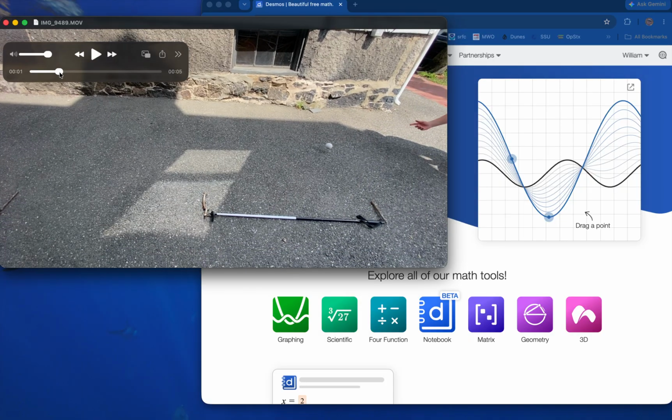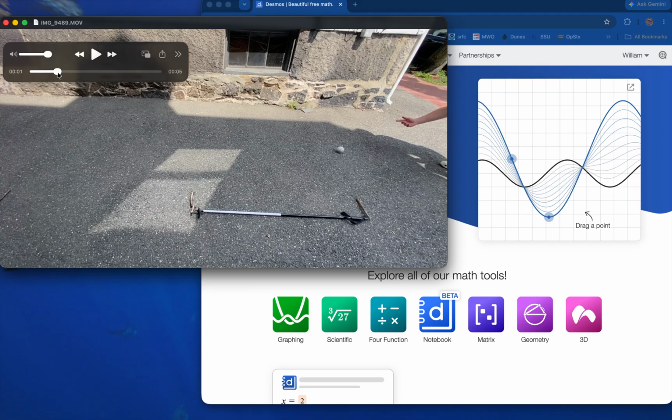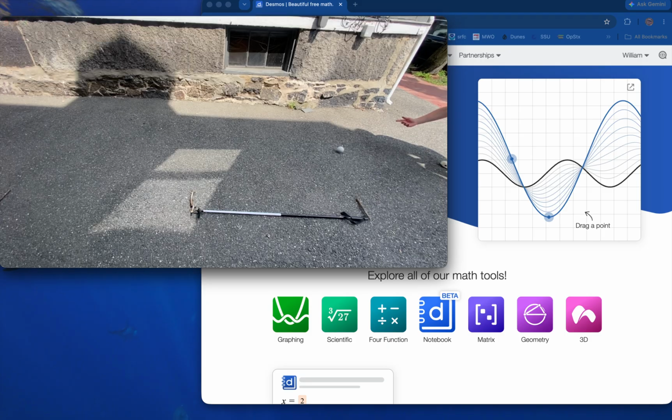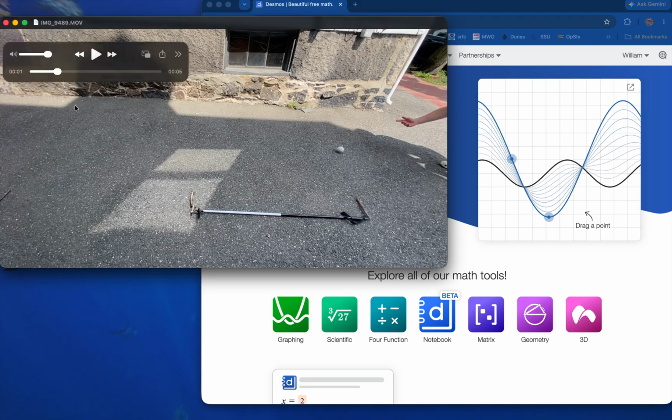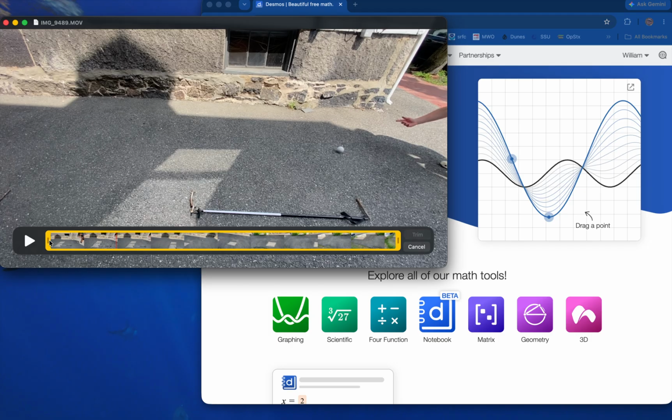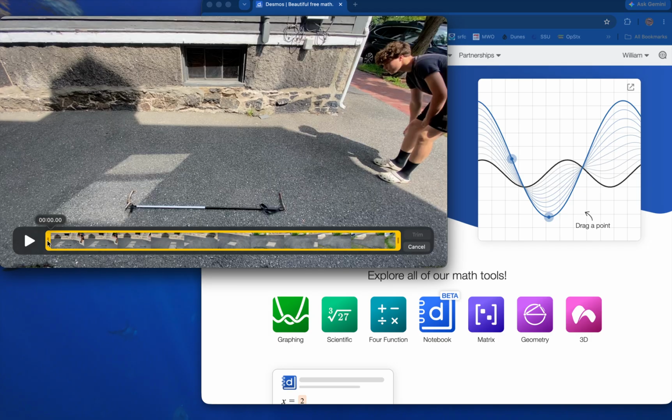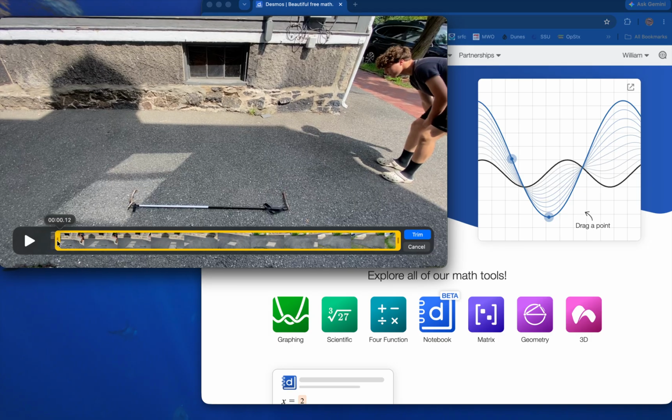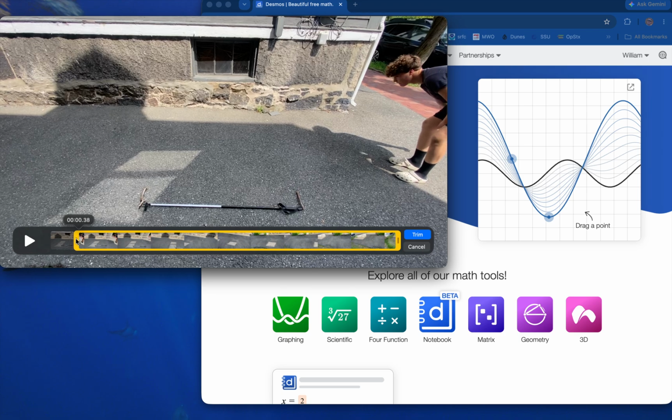So here's a complication: it doesn't start at 0. It starts somewhere around the 1 second mark. Now, I can go to Edit, Trim, or Command T on a Mac, and grab this trim bar and do it like this, and I see a better timestamp.